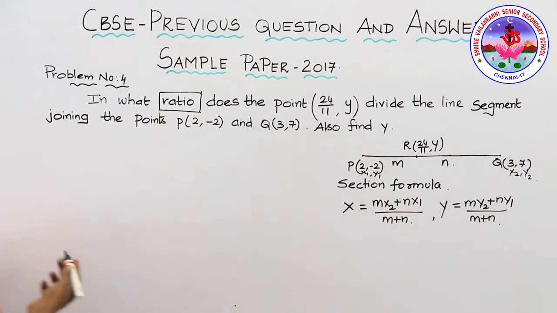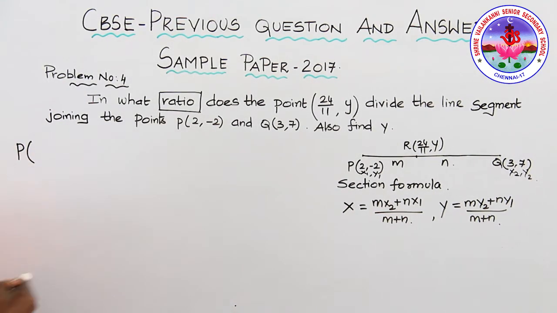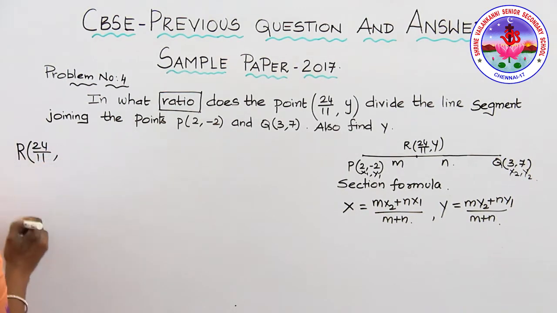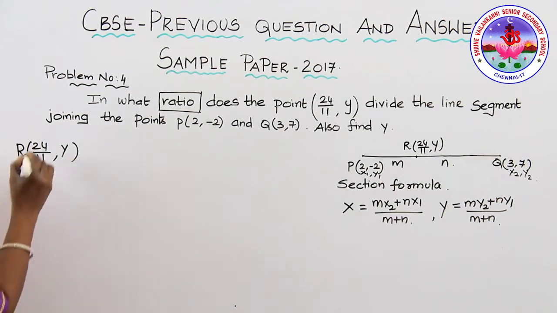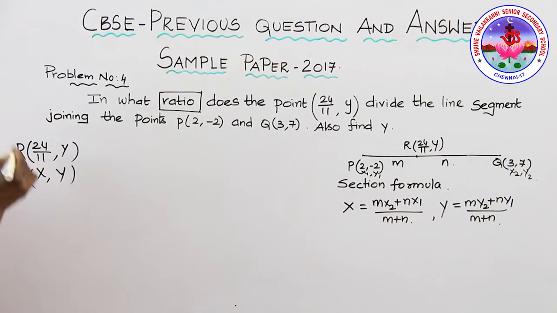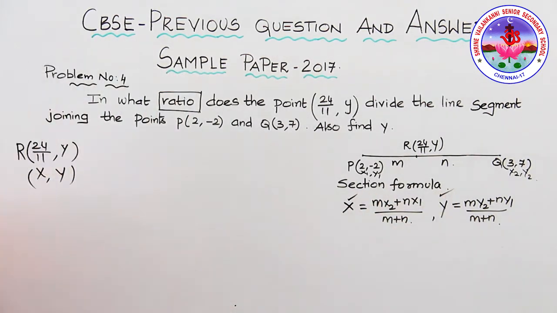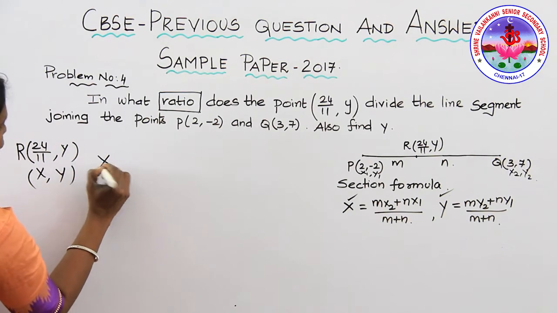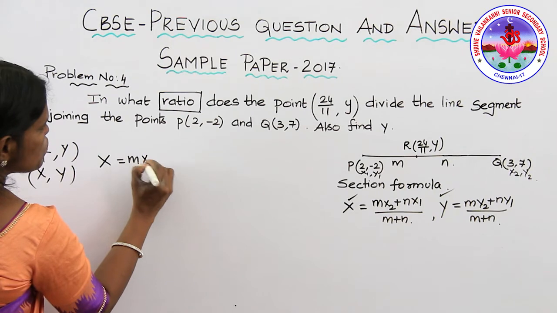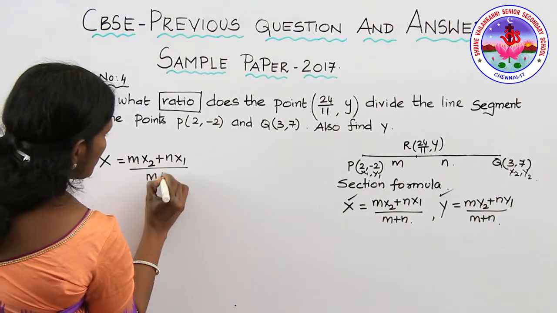Now I am going to use the section formula here where my point R is 24 by 11 comma y, which can be called capital X and y, that is the x coordinate and y coordinate of R. So I need to write the formula for x and y, where the capital X coordinate can be found by using m x2 plus n x1 by m plus n.